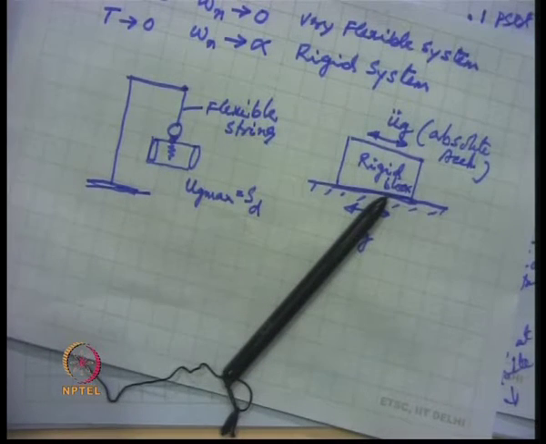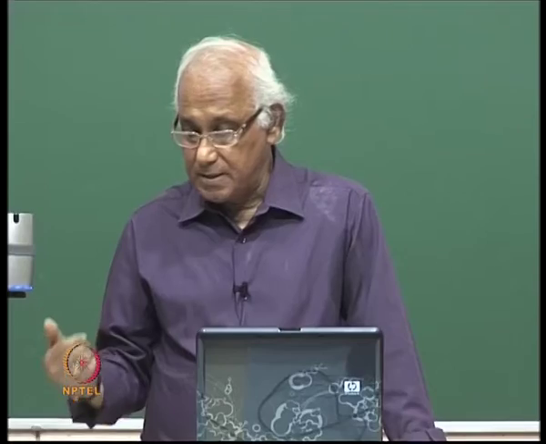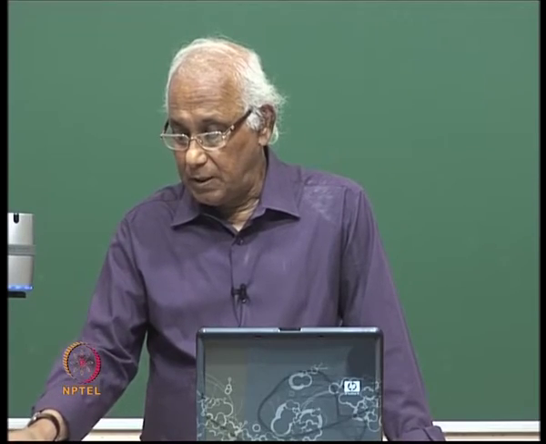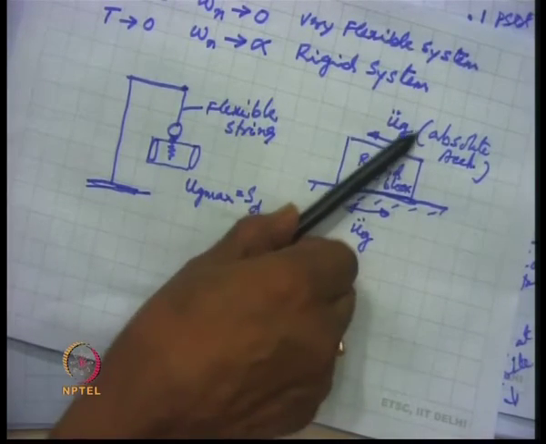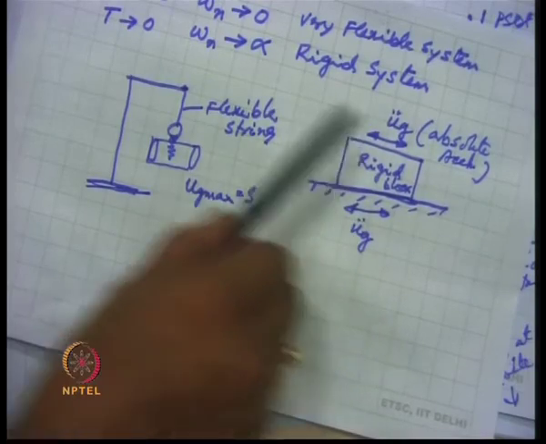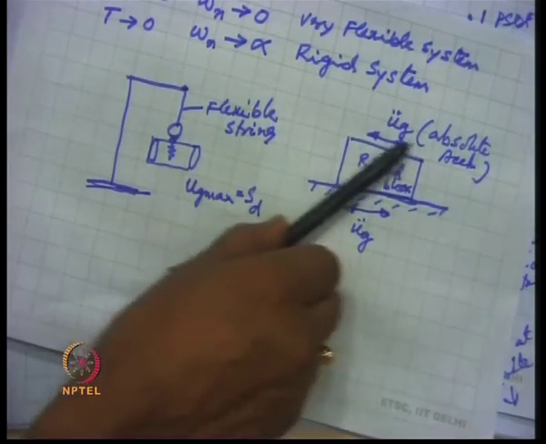And since there is no relative displacement and no relative acceleration, the acceleration experienced at the top of this rigid block is the ground acceleration itself.